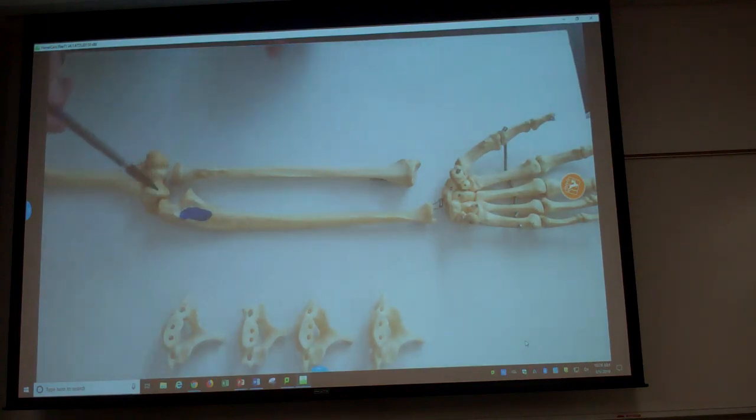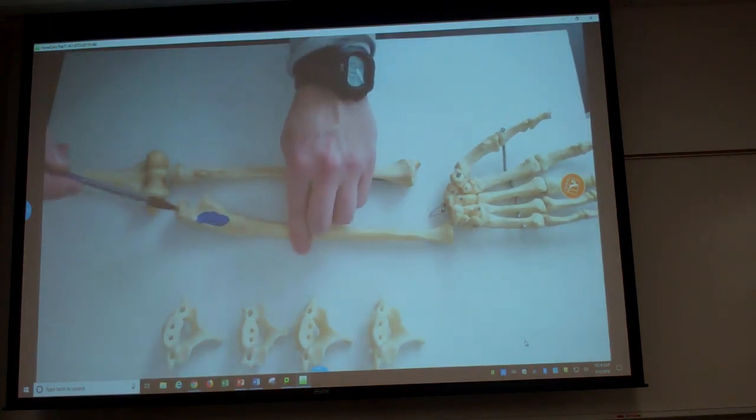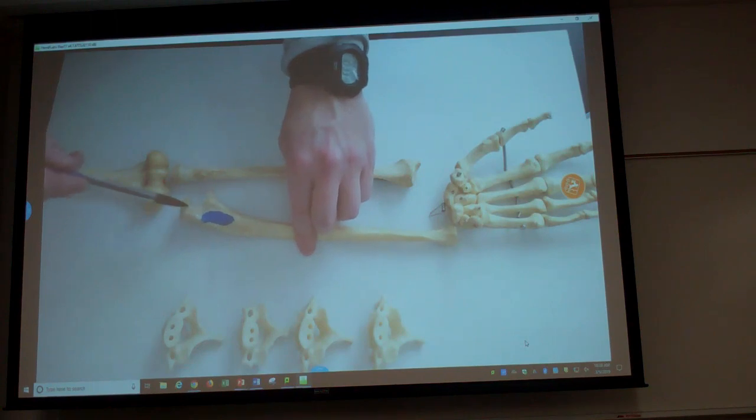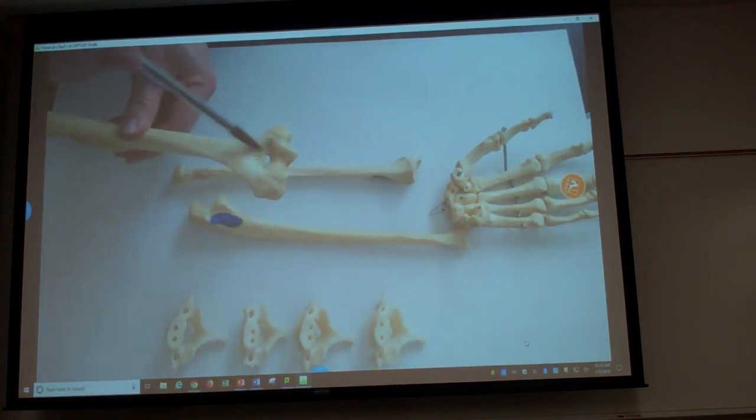Coming back up top here, this part that sticks up is our olecranon process. Remember, process, anything that sticks up. And olecranon should ring a bell, because on our humerus, we had our olecranon fossa.